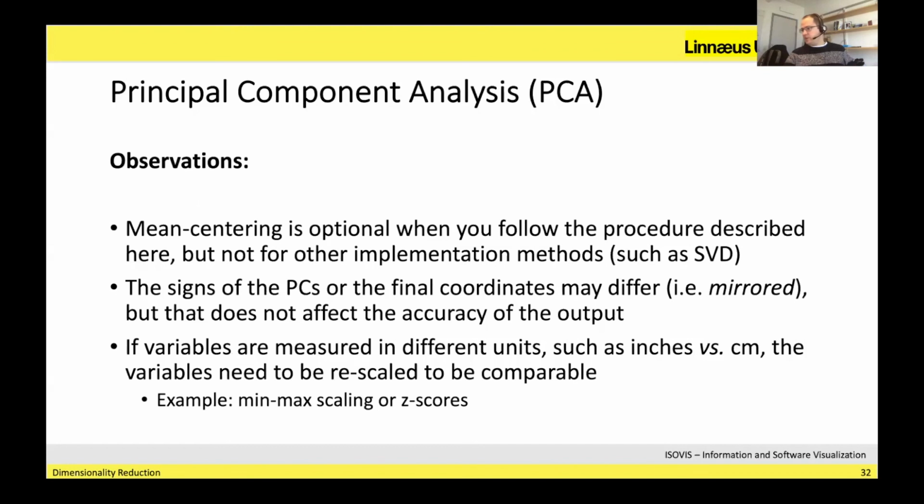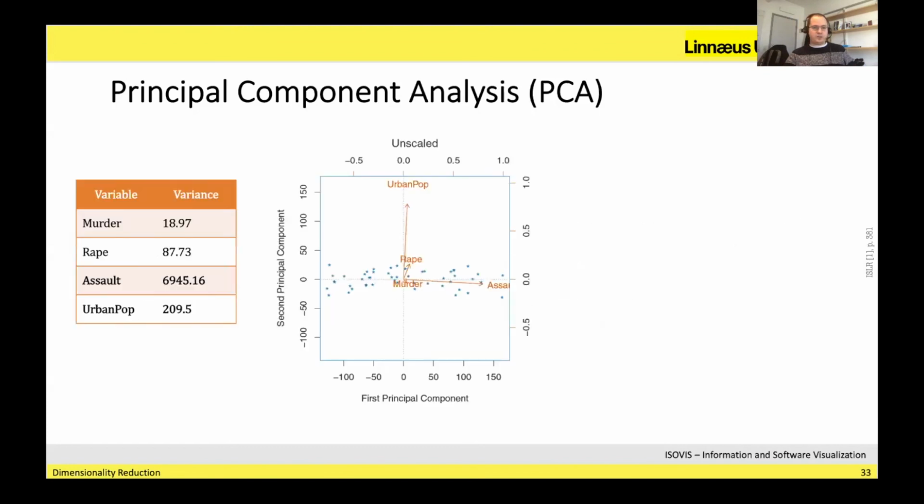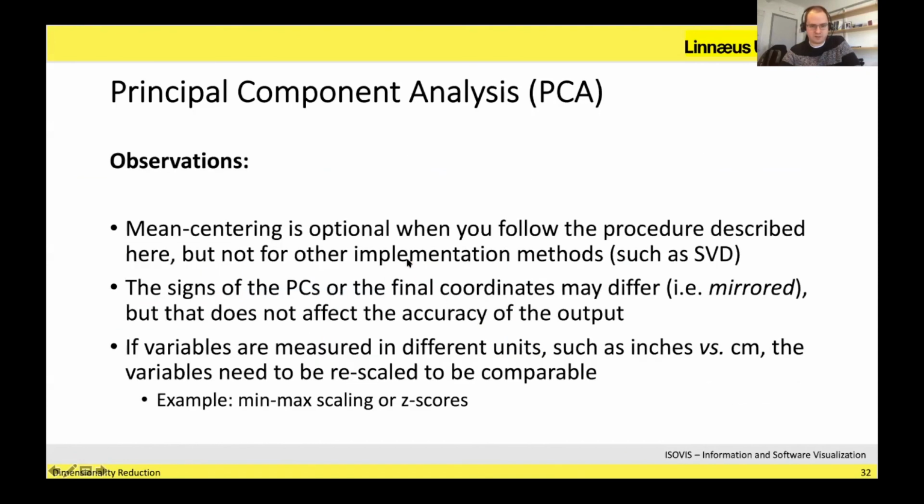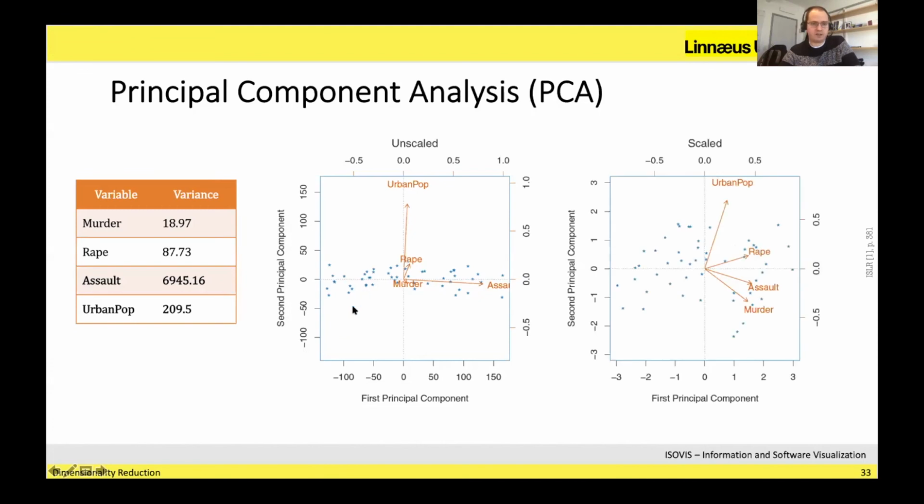There are some observations here on whether you should or should not normalize, or rescale, the data. The point here is that you may have features that are very different from each other. For example, this is a data set where I think each point is a city, and there are some measurements on it: crimes, so murder, rape, assault, and the urban population.